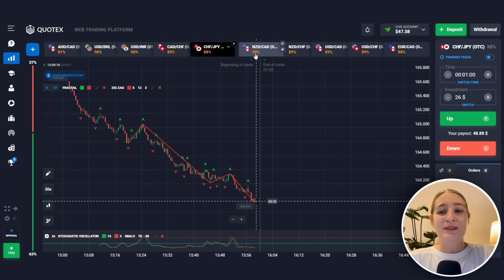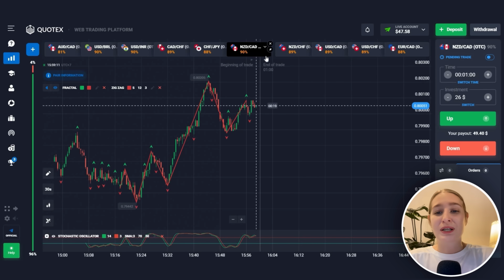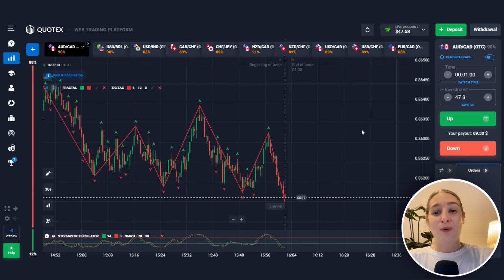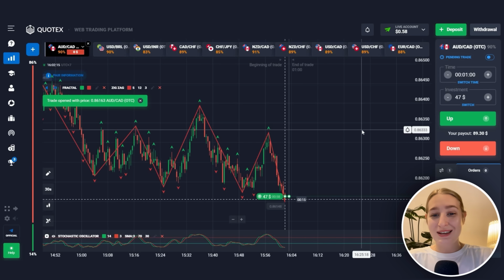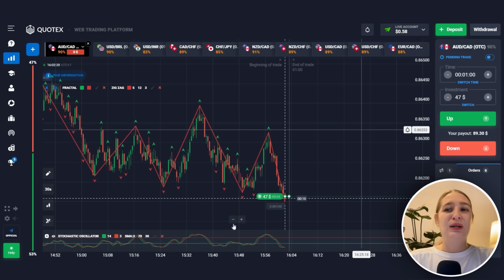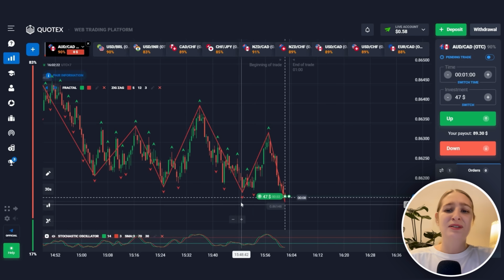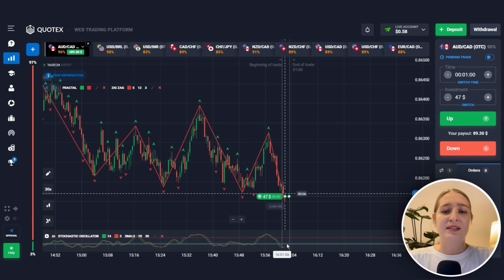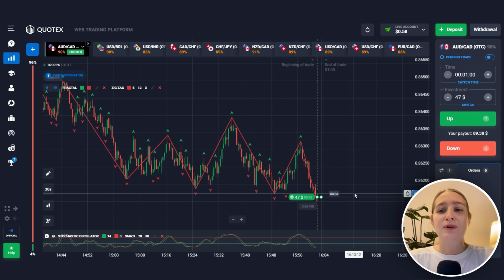So I need to skip these currency pairs which are not working, and let's again work with our first currency ratio. And okay guys, I'm going to check the whole chart again, and let's try here with the greens right now. What can we notice here? According to the stochastic indicator, the lines are starting to perform the reversal and go up.